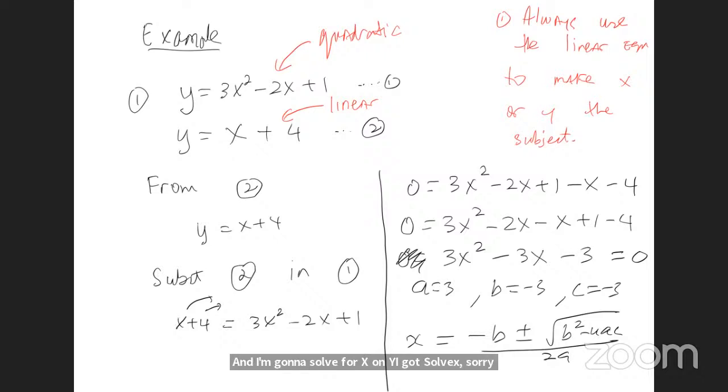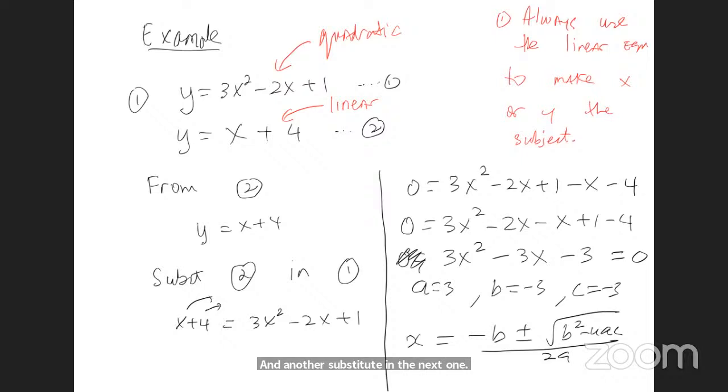Copy it down and see if we can find x or not. I'll use the formula for you now, but just copy it down before I turn the slide. Again, I'm making x or y the subject in the linear equation, and then I'm going to substitute in the next one.